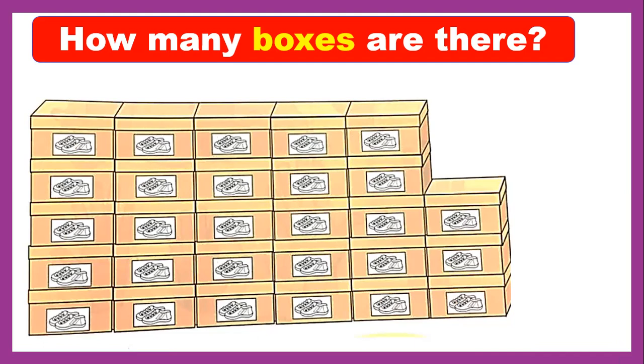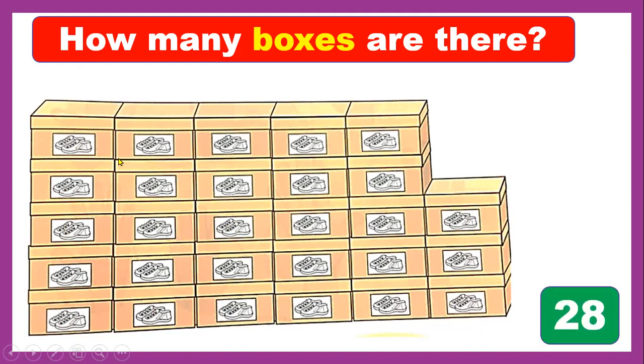Now, if we count in fives, count each row by 5. Look at the first column. How many boxes? 1, 2, 3, 4, 5. We have 5 boxes in one column, and the second column also has 5. We have to count by 5: 5, 10, 15, 20, 25, 26, 27, and 28.